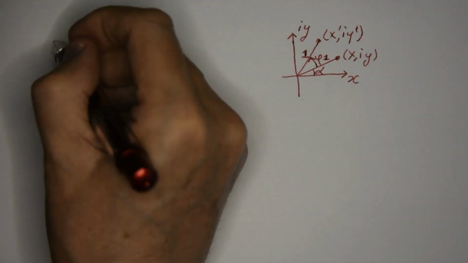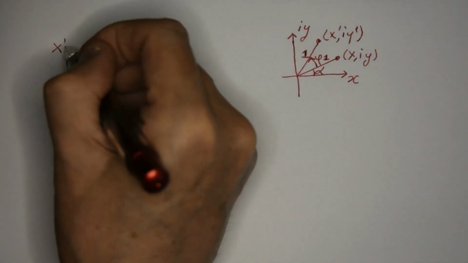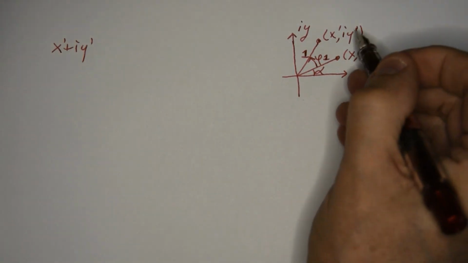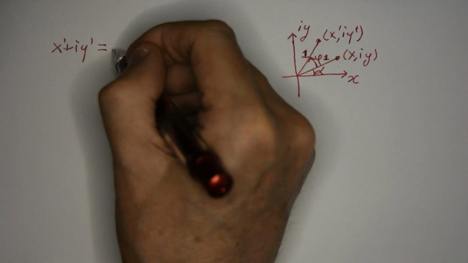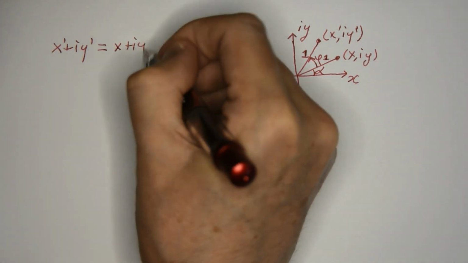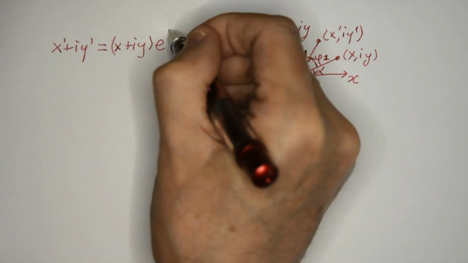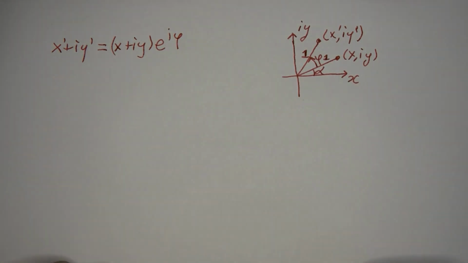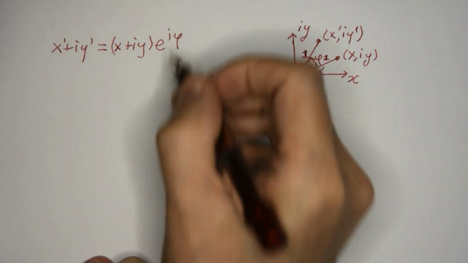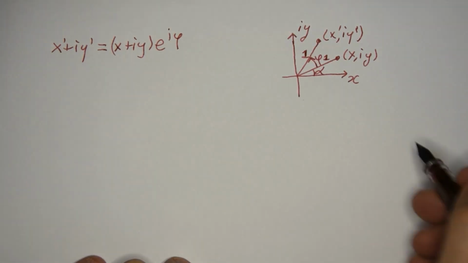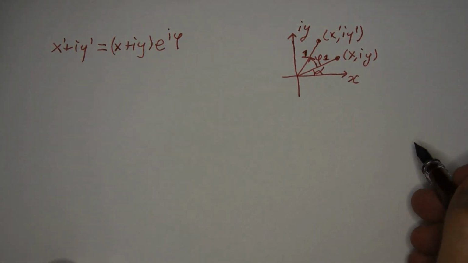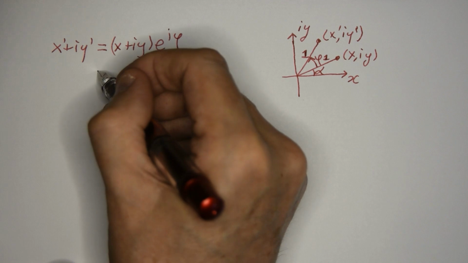What will give you that? Well, x-accent plus i y-accent, this vector here, is essentially the original vector rotated over an angle phi. And we know from Euler's formula that this is essentially a rotation around an angle phi. So the only thing we have to do is work out this formula.